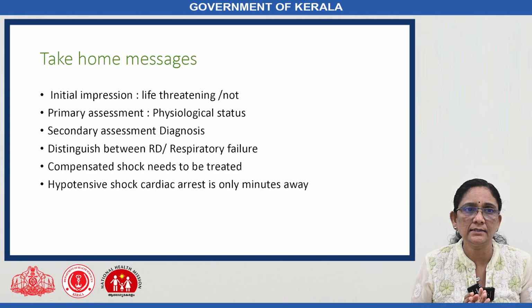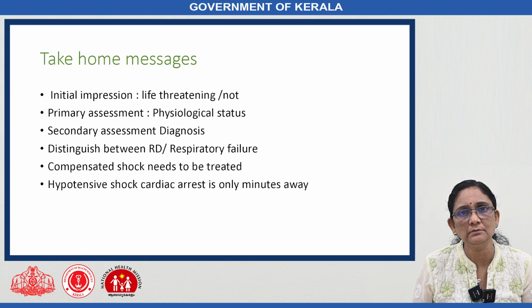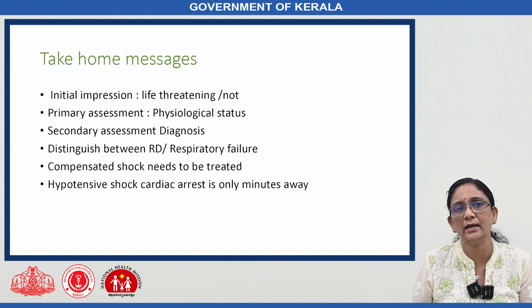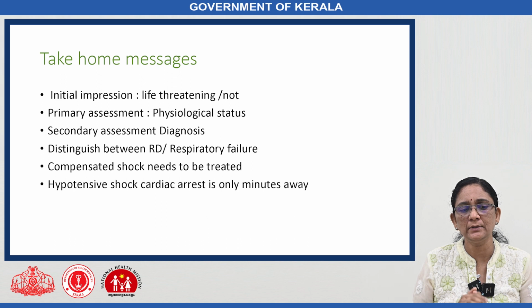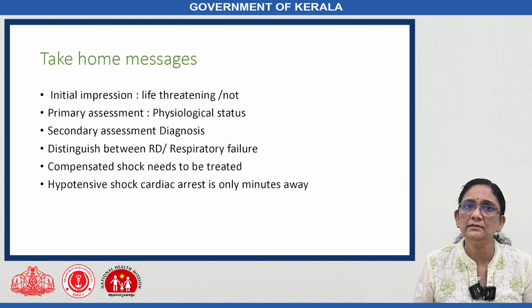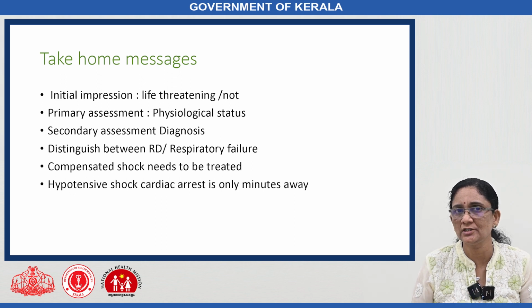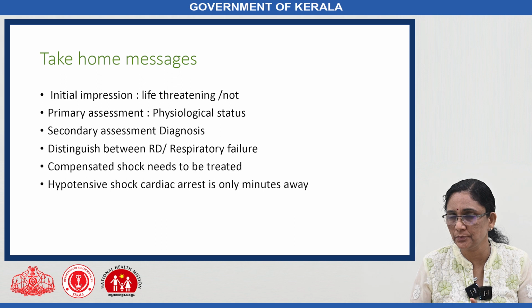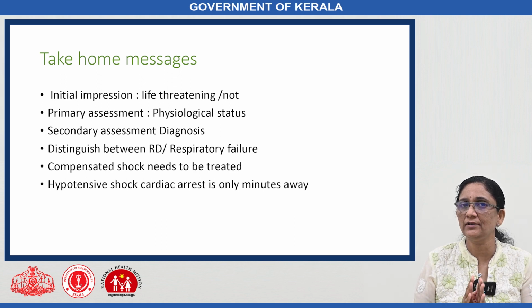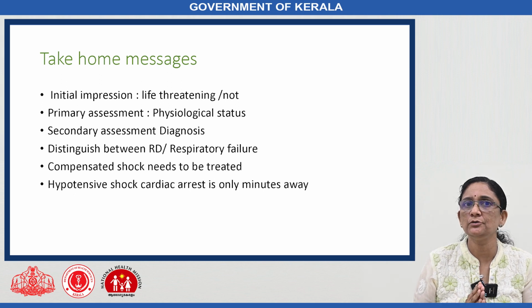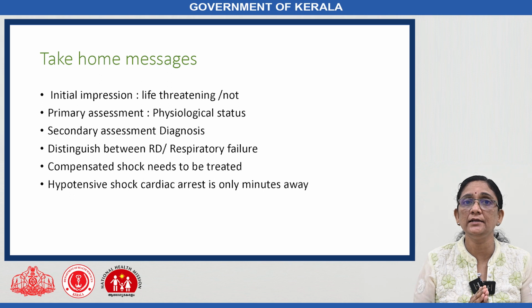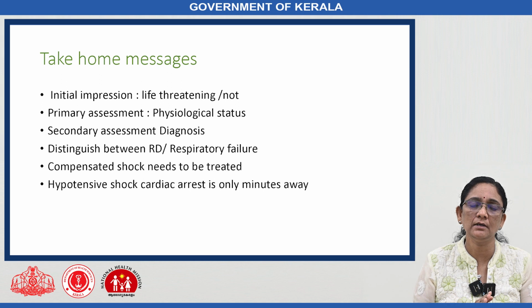So that is in a nutshell how we can talk about pediatric advanced life support. Of course, you also have post cardiac arrest stabilization, but I think I would stop here. So what are the main take-home messages? Always do a systematic examination, identify an abnormality and intervene. Do the initial impression to find if the child is having a life-threatening disease, yes or no. Do the primary assessment to identify the physiological status of the child, to identify if the patient is in respiratory failure, a circulatory failure, or you have a brainstem or cortical dysfunction.